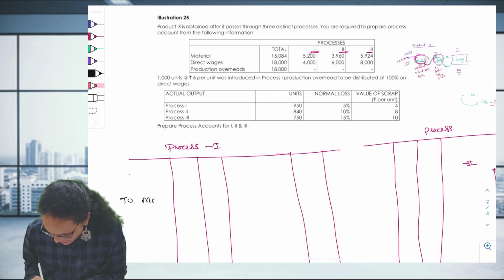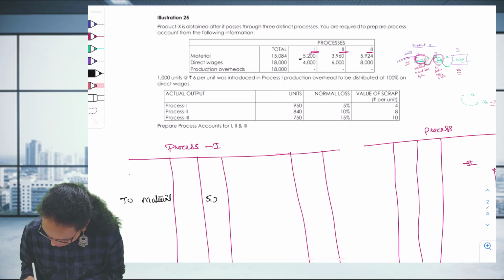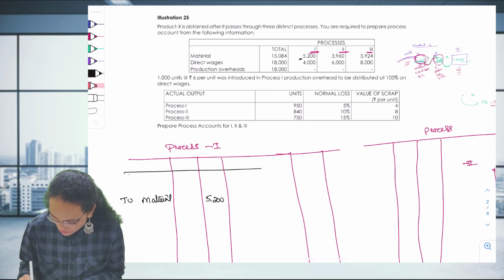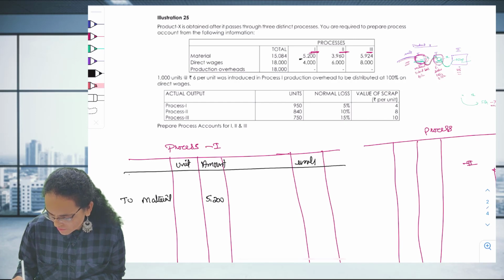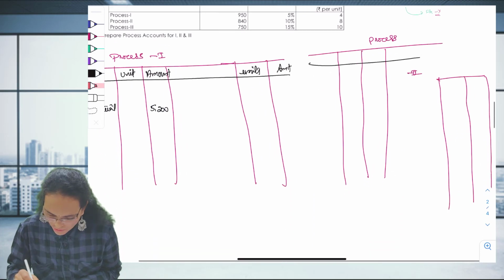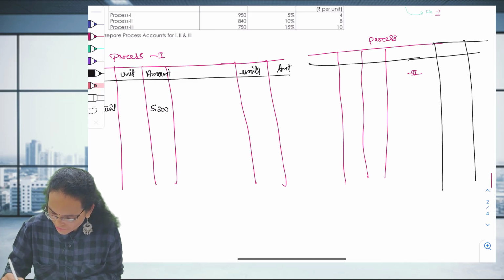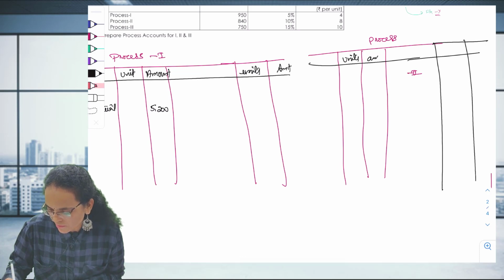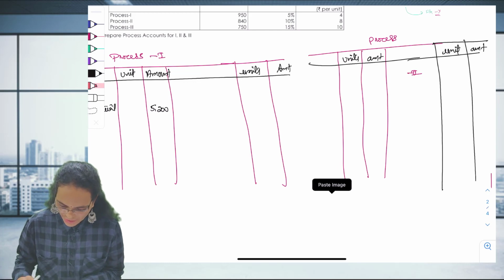And material here, material is given how much? 5200. This is the amount, not the units. For the first question, this is the units, this is the amount. Units and amount.